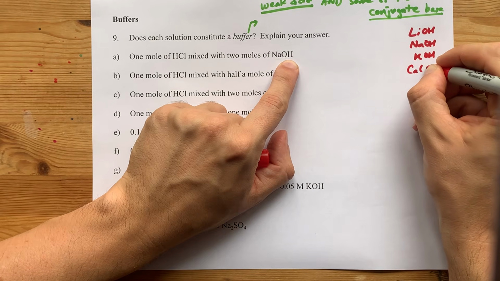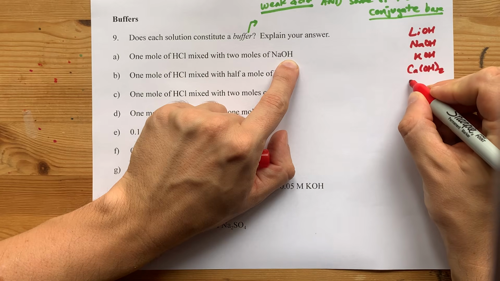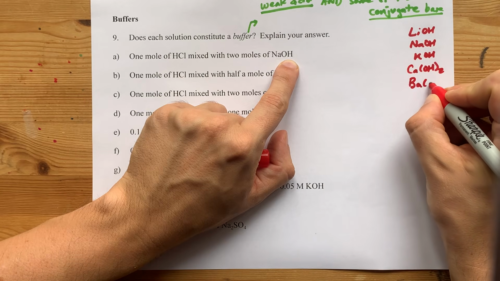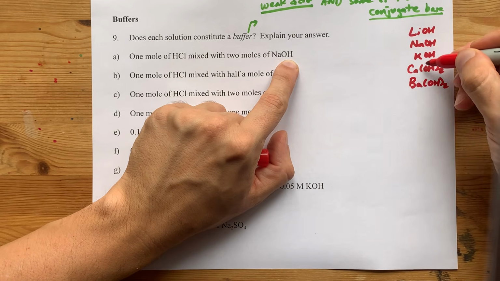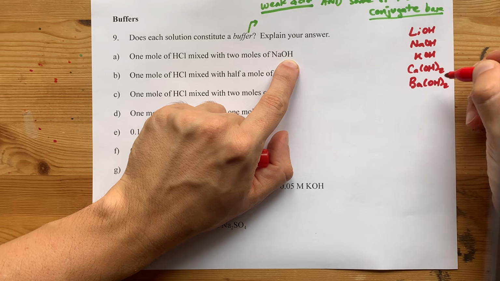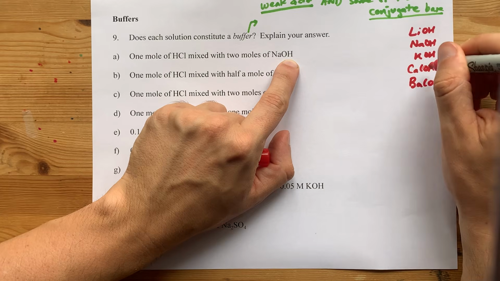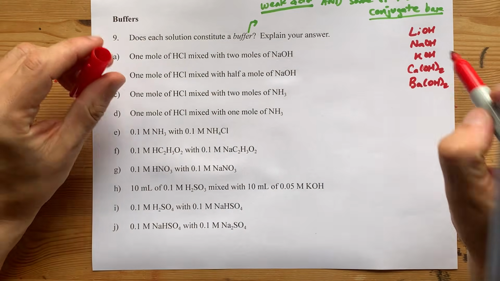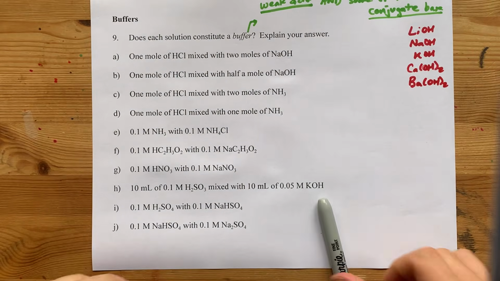Some teachers include Ca(OH)2. What's the other one? Ba, or barium hydroxide, Ba(OH)2. Note that these are all ionic compounds with hydroxide ions. These are the things that when they dissolve in water, you get OH- made directly. The same way, for strong acids, you make H+ directly.